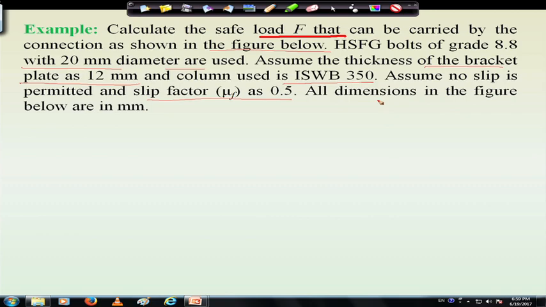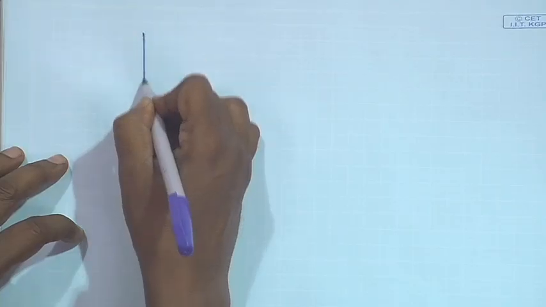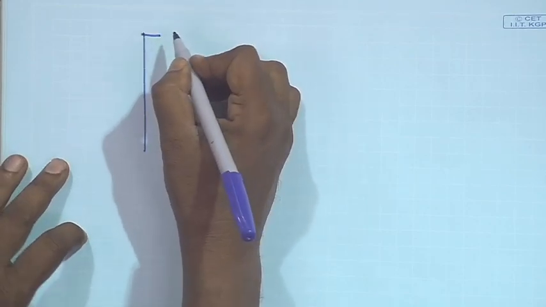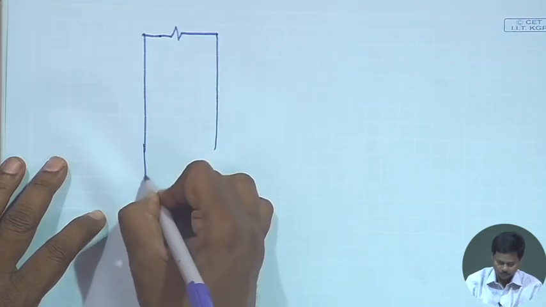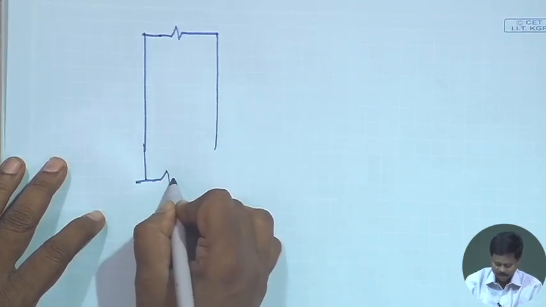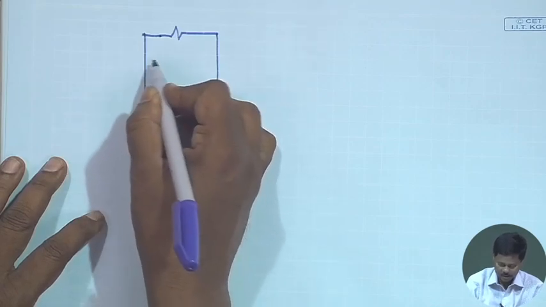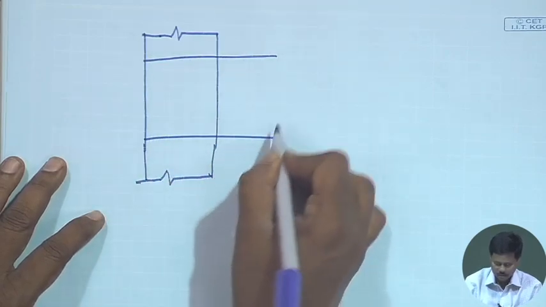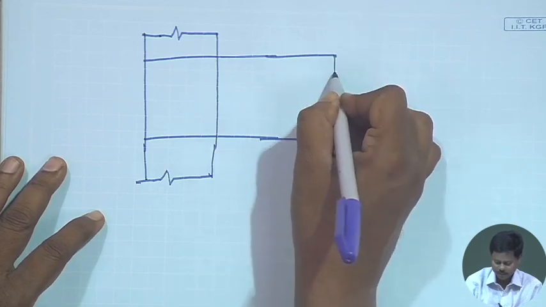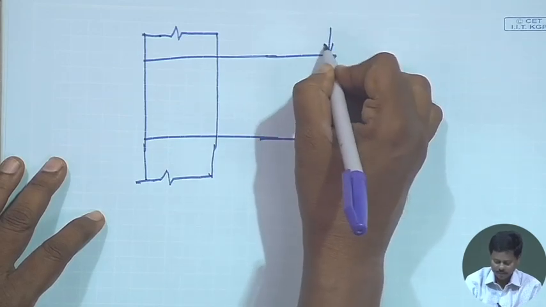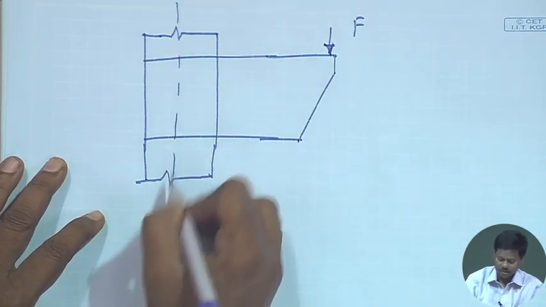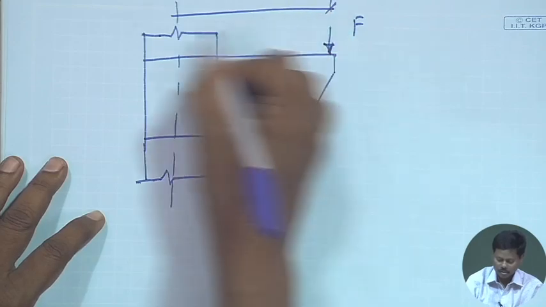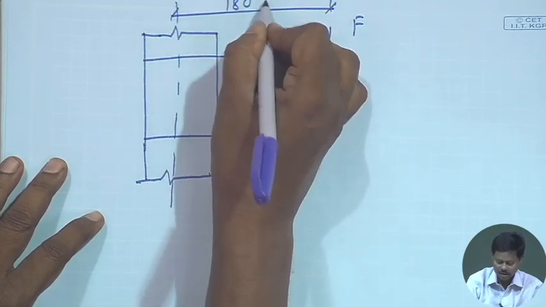In this problem, the figure is given like this: an ISWB 350 is connected with a bracket, and it has a force F, this is F, situated at a distance of 180 millimeter.